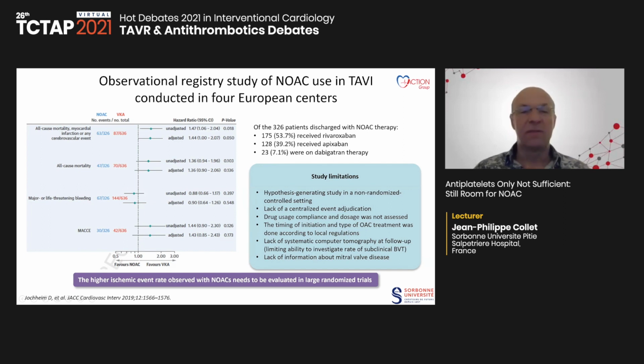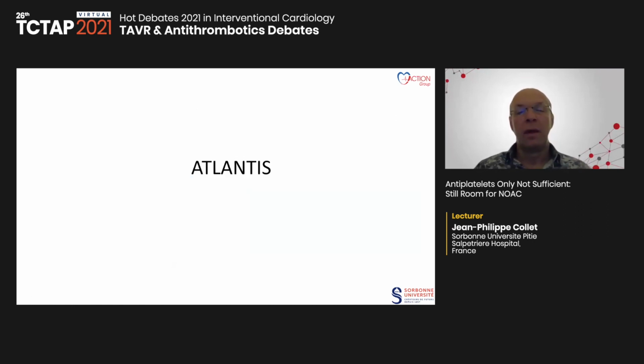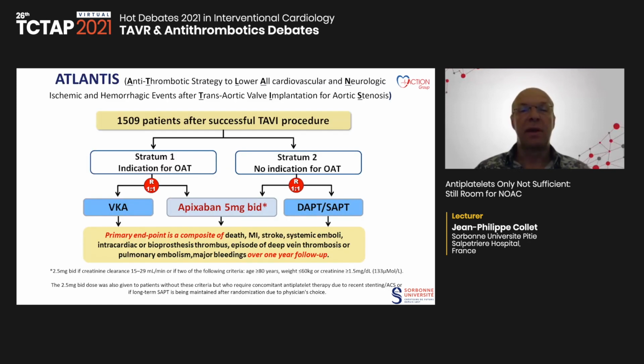So we need to explore more in depth this situation of NOACs, but I think that we have some evidence, especially with respect to valve thrombosis. And we have ongoing trials, which will be released in the next few months, which may provide some interesting answers.